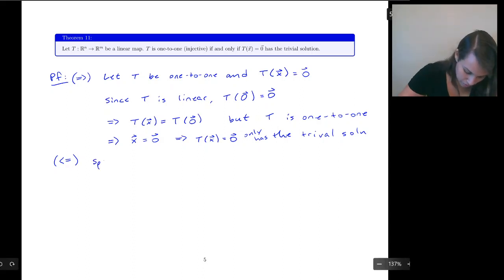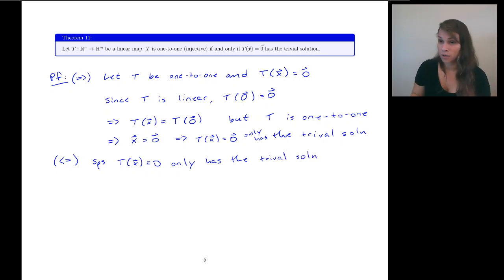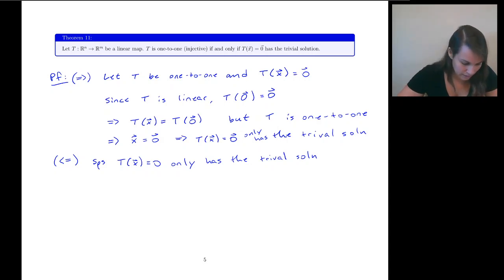So suppose that this equation only has the trivial solution. And what we don't have anymore is that it's one-to-one. We're going to try and get that T is one-to-one. So we're going to start with setting two different things equal to each other, like this.